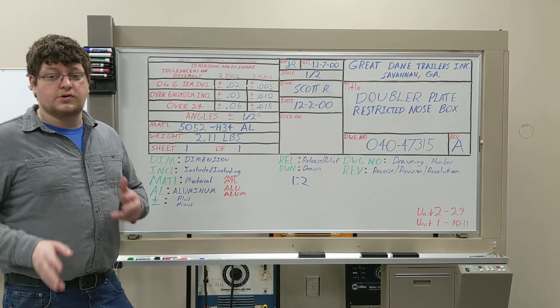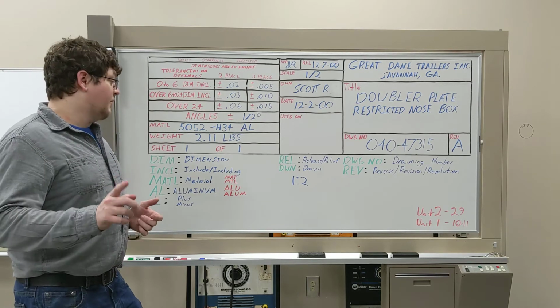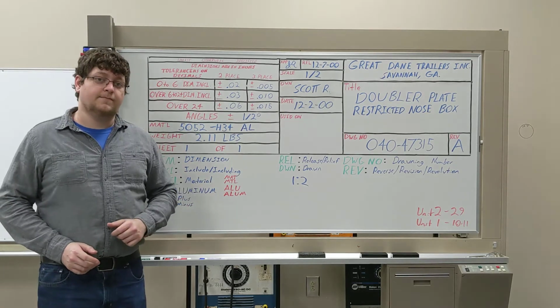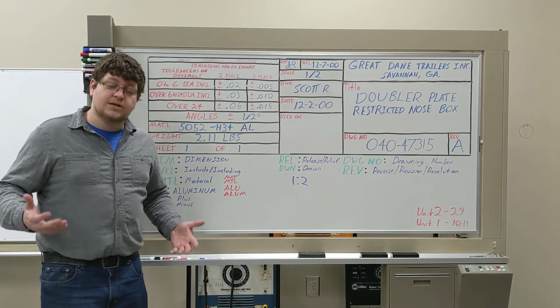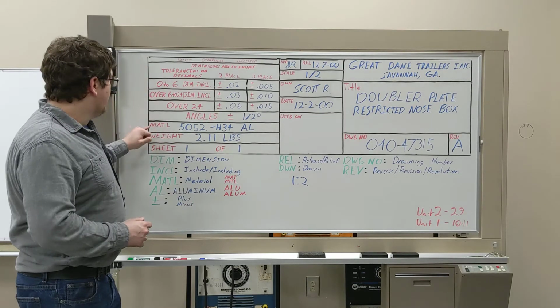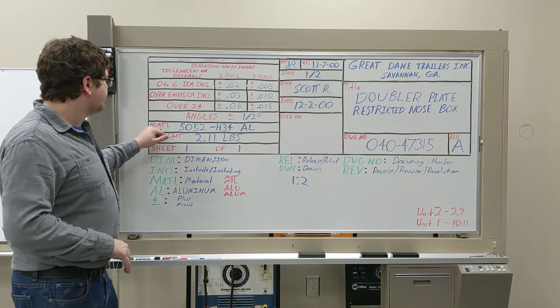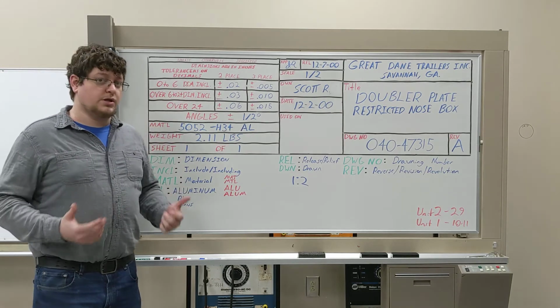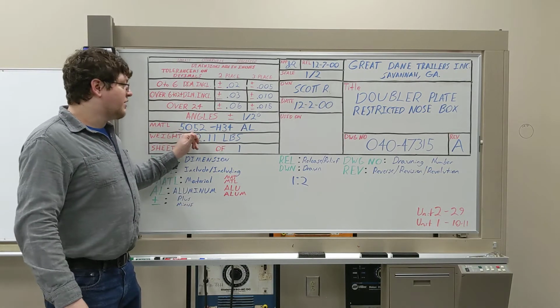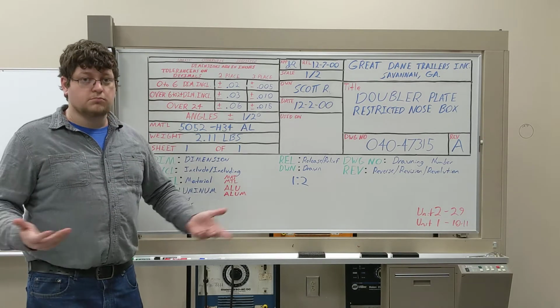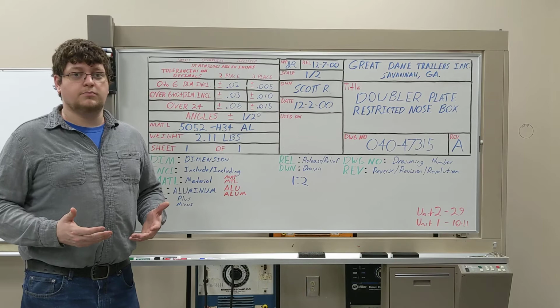So just know that there's 2 abbreviations for that. Sometimes a non-standard abbreviation is MAT. That's still material, and you kind of have to look at it and ask what it is referencing. If it said MAT, which is not standard, but it told you 5052-H32 aluminum, you know that that's your material.